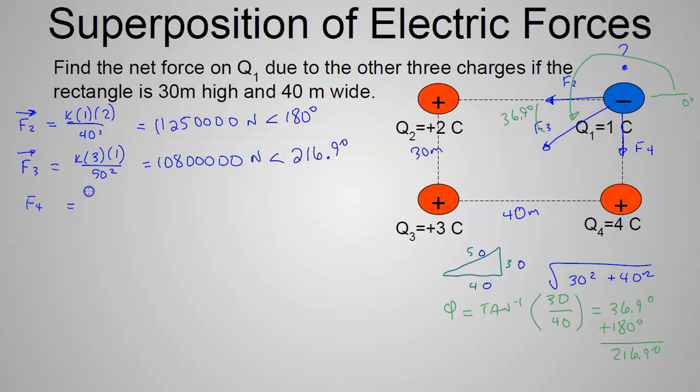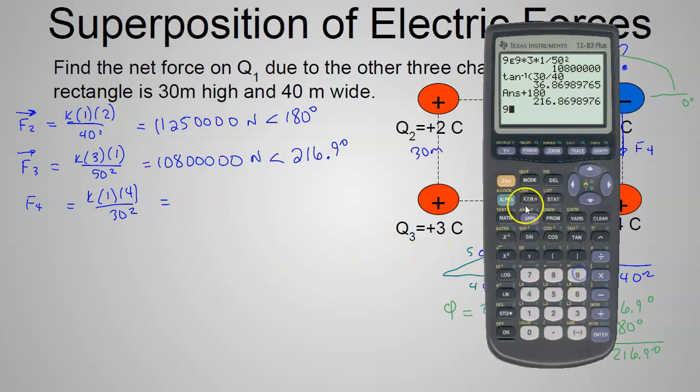F4 is equal to K. I'm looking at this charge and this charge, 1 Coulomb and 4 Coulomb, so those are the numbers I want right in here. And that distance was 30 meters squared.